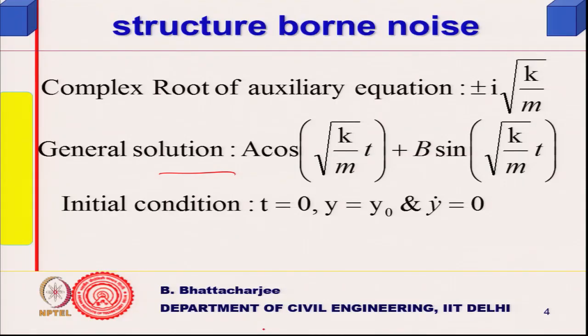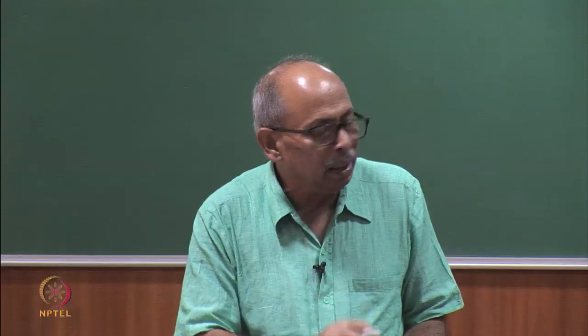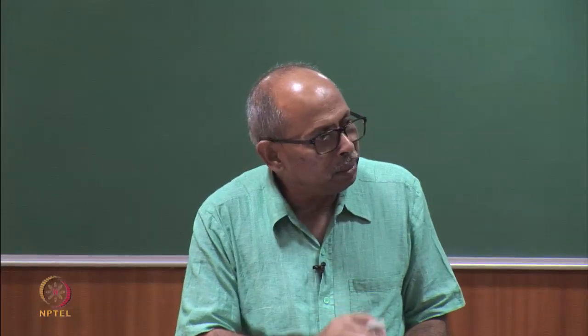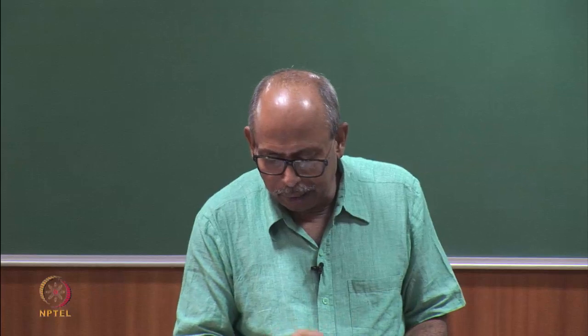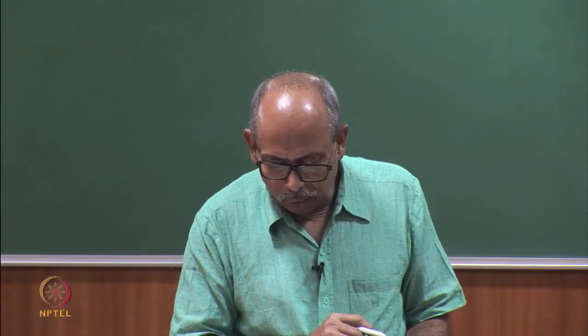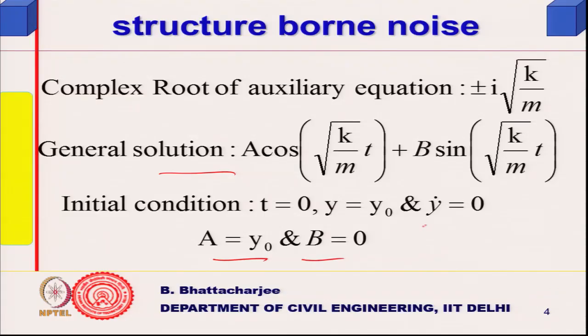Initial condition at t equals 0: y equals y 0, that is the static deflection, and velocity is equal to 0, right. It is like the initial condition when it starts vibrating. It has gone to the extreme end, and from there it will start. So, a equals y 0, because if I put t equals 0, cos 0 is equal to 1 and the sine term is equal to 0.